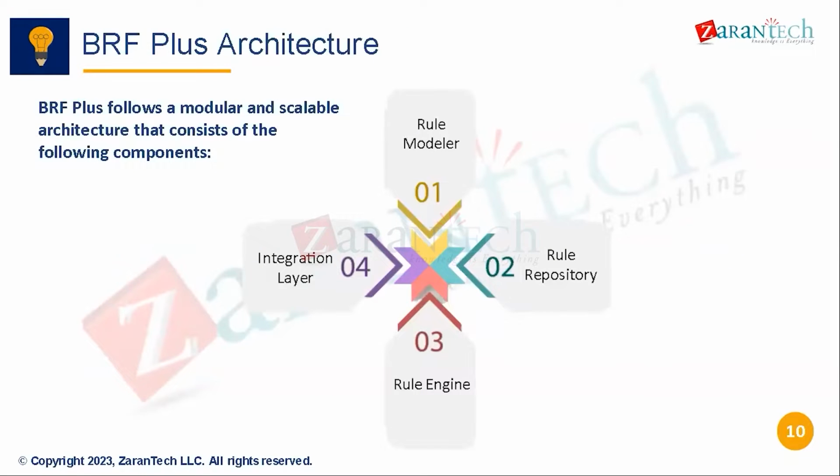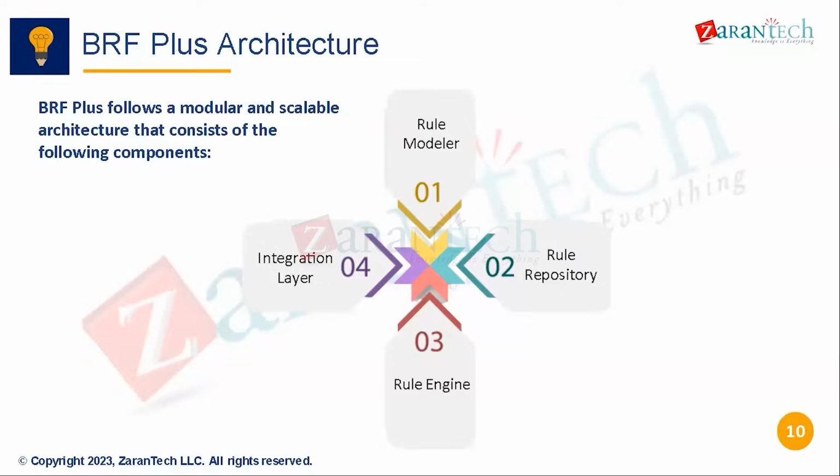Okay, now come to the most important part, the architecture. These are the 4 points that we have to keep in mind before developing the application. BRF Plus consists of 4 major points: rule modeler, rule repository, rule engine, and integration.